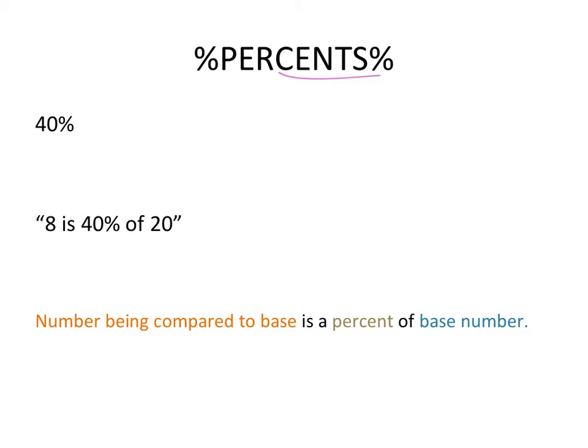So the word percent, per in math we use for division, right? Like 4 miles per hour, right? 4 miles divided by 1 hour. So per 100. So 40%, in order to find the numerical equivalent, like a number without a percent, it's just going to be 40 per 100, divided by 100.